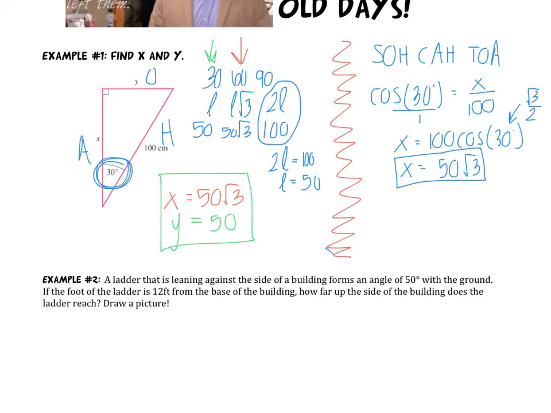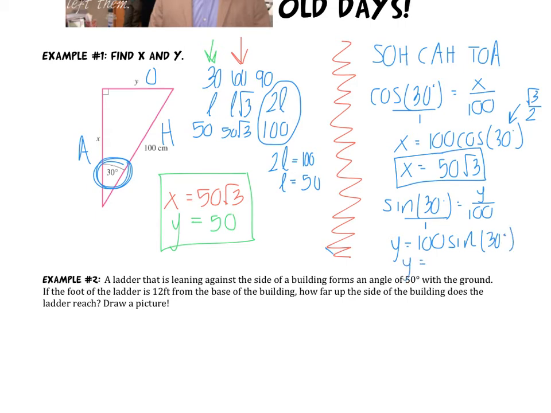Now I have to do one more trig function to find y. This time I'm going to use opposite and hypotenuse, so that's sine, still of 30 degrees because that's my angle of focus, equals y over 100. Again, put this over 1, cross multiply, y equals 100 sine of 30 degrees.